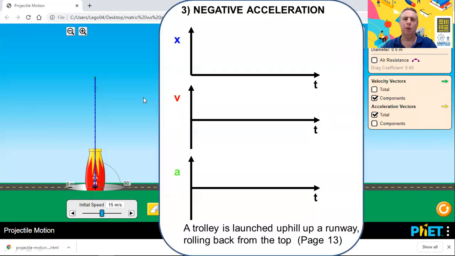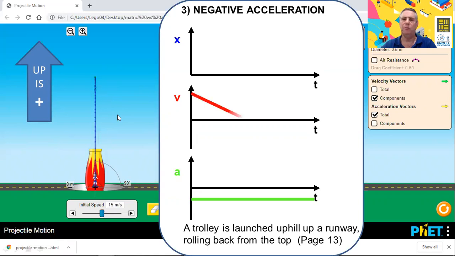Remember, with projectile motion, on page 13, this is example number 3. A trolley is launched uphill up a runway, rolling back from the top. So regarding the upward motion as positive, the acceleration is constant negative. That's just the acceleration of gravity, which, as you saw, always points down. It doesn't change.